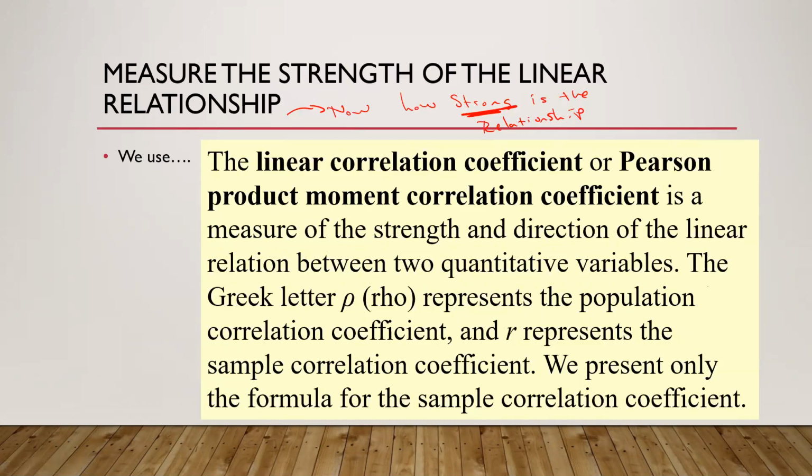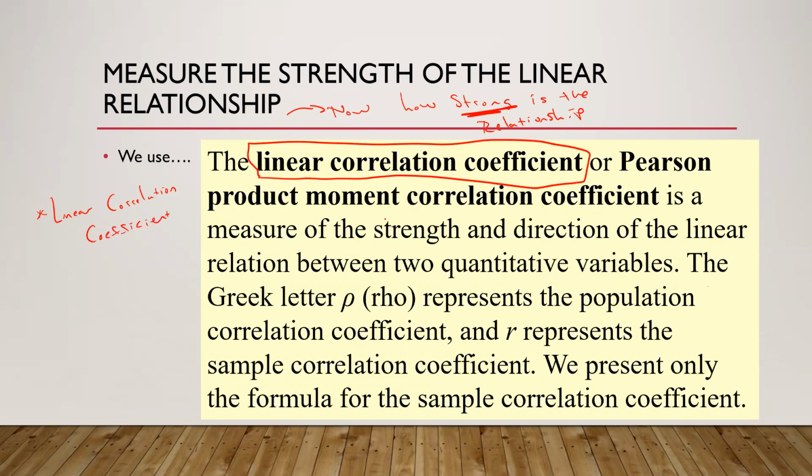And to do this, we use what's called the linear correlation coefficient. That's all I'm going to call it. Some other textbooks might call it the Pearson product moment correlation coefficient. That seems weird, but we're just going to use the linear correlation coefficient.